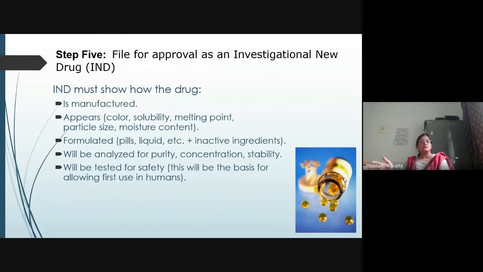When we are using any new drug compound, in case of preclinical trials, and when we are designing any dosage form of the new drug compound, we need some basic properties of the drug, and based on these basic properties we can plan or design a particular dosage form.